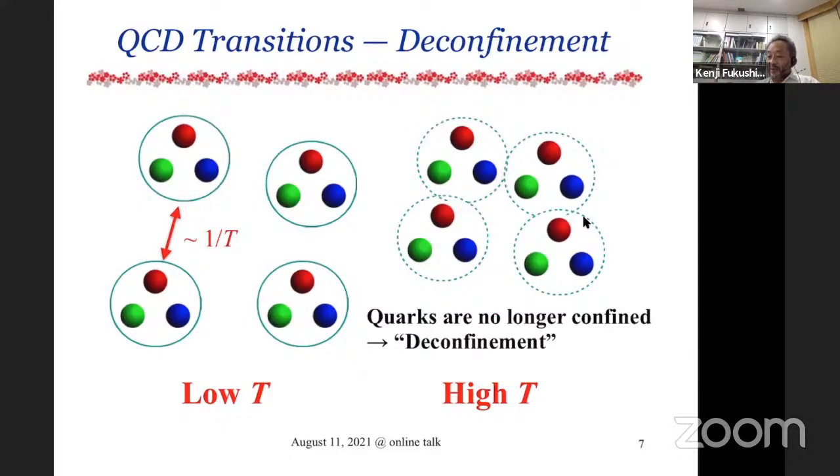Then the quarks can hop from one hadron to another, and the mobility of quarks should be enhanced. In this way, it is quite natural to expect the deconfinement of almost freely hopping quarks, and that is nothing but the deconfined matter in terms of quarks. Again, this characteristic temperature should be given by lambda QCD.